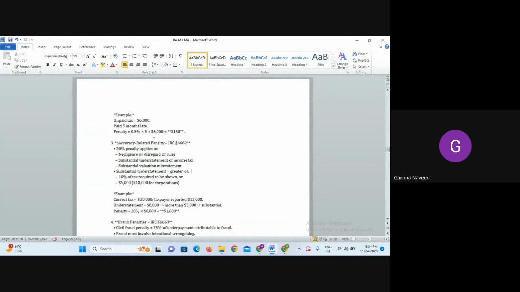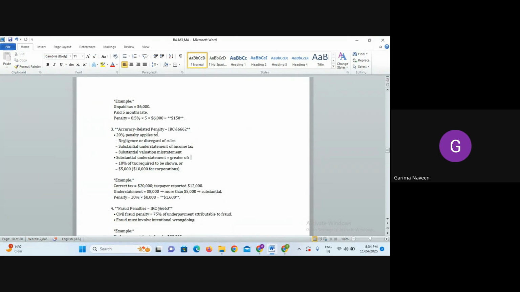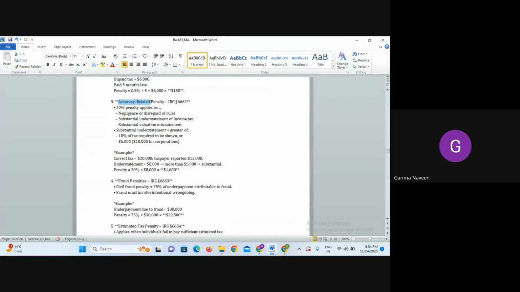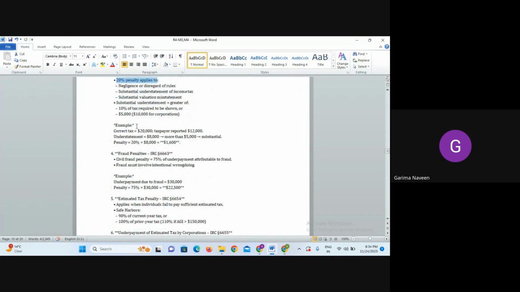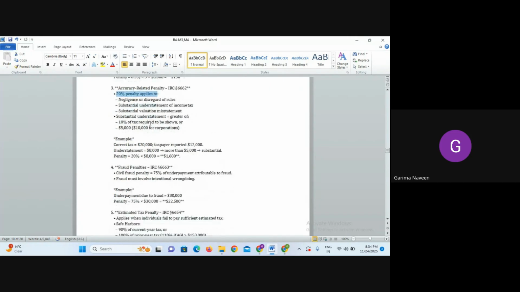So next is the accuracy related penalty. For example, if you have an inaccurate tax return, then you may be subject to an accuracy related penalty, which is 20% and applies to negligence or disregard of rules, substantial understatement of income taxes, and substantial valuation misstatement. So it is up to 20% if you have done something wrong in your tax return.